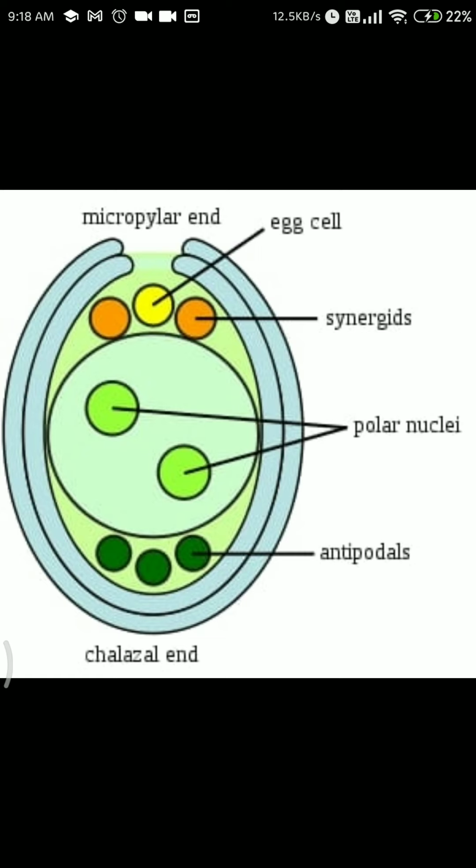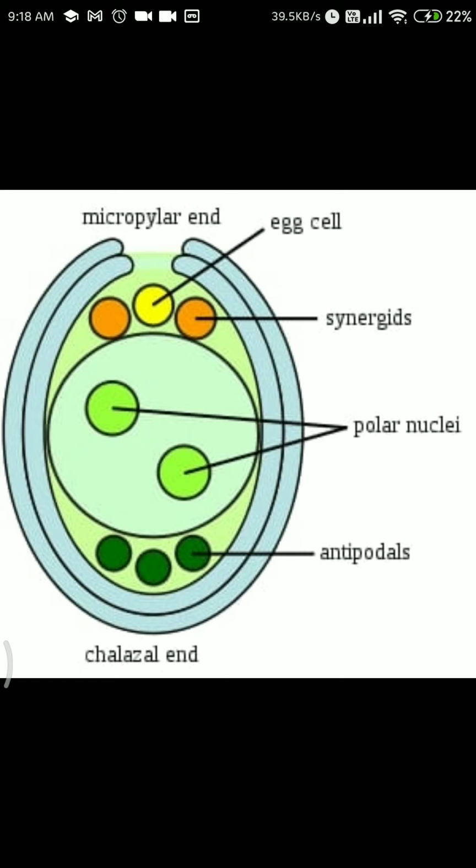And these are the three antipodal cells. The two polar nuclei are considered as one cell. In your book it's visible as one, but that is multinucleated, meaning two nuclei are there in the polar nuclei.